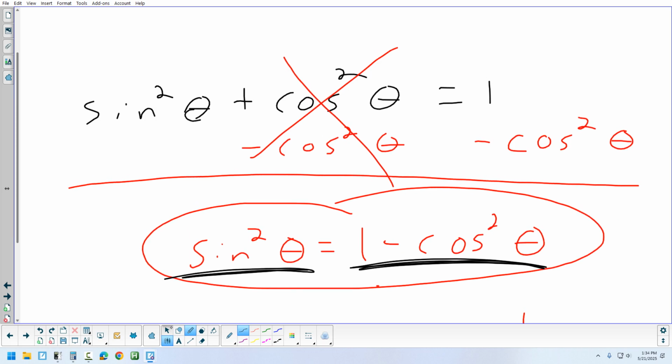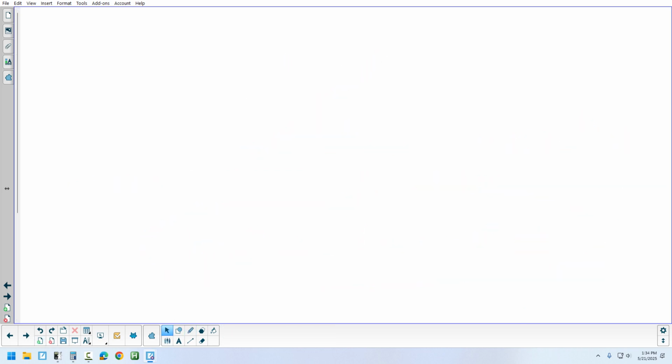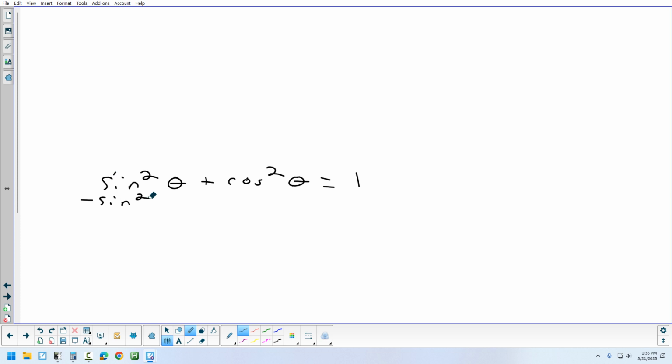Let's look at that formula. When did we get cosine squared? We have 1 minus sine squared. How would you put that sine squared on the other side? Subtract the sine squared. If you subtract it from the left, that's gone. Now you just put it on the right. What does it say 1 minus sine squared is?